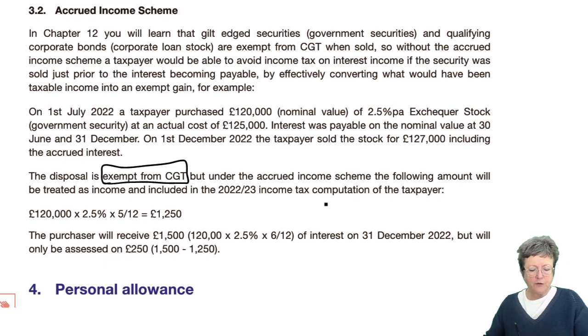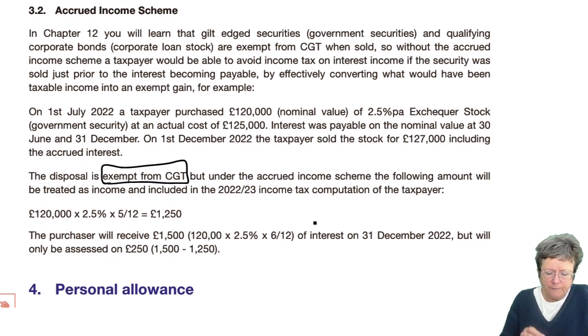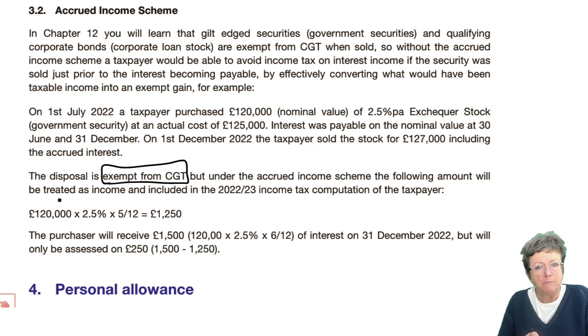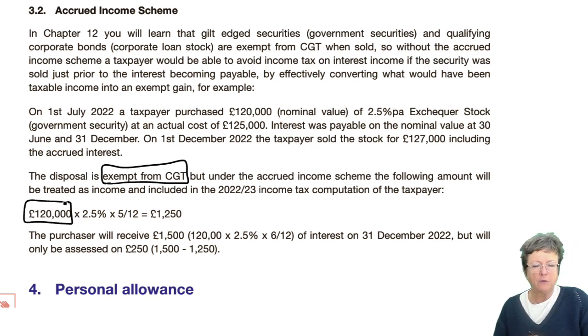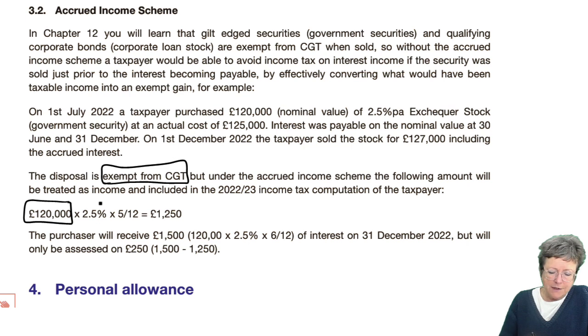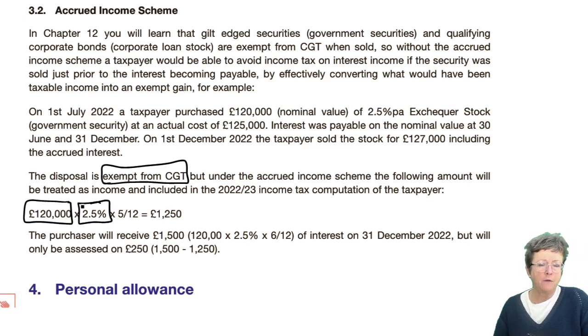Okay, so £120,000 is the nominal value of the Exchequer stock. That's how much percentage interest is given on that. And then you've got those 5 months from the 1st of July to the 1st of December. That's the income.